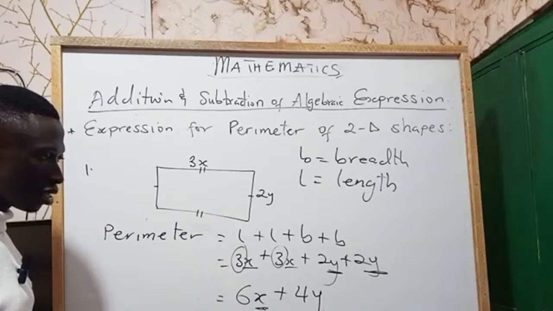Now remember, perimeter is the total sum of your distance around the figure. Let's say a cat is moving around this triangular object. The cat covered a certain distance, and that distance is what you want to calculate.